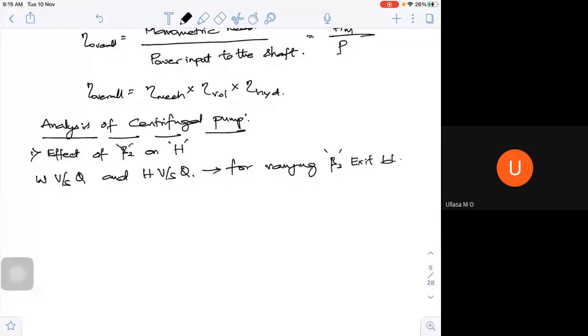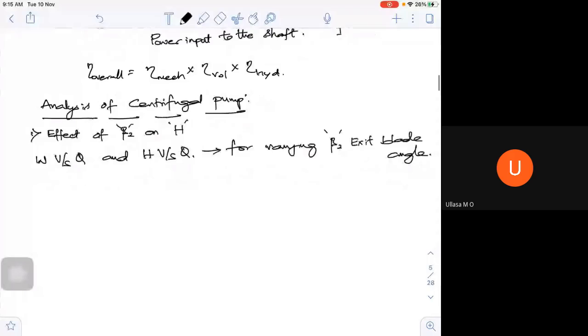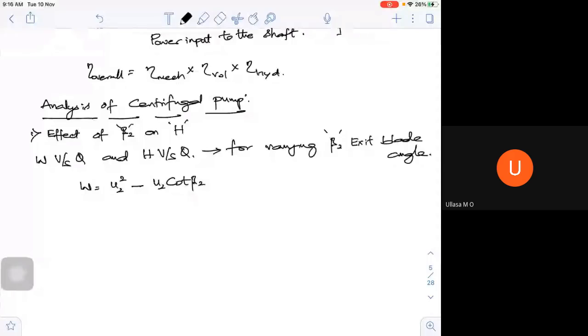We had this expression also: W is equal to U2 square minus U2 cot beta 2 into Q divided by A2.